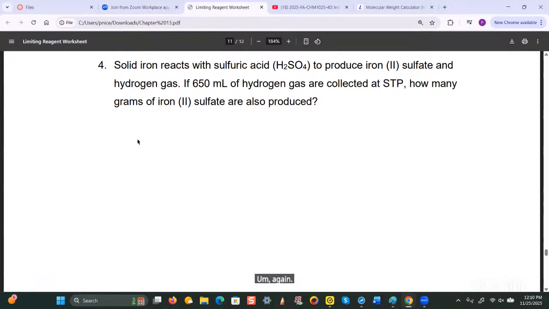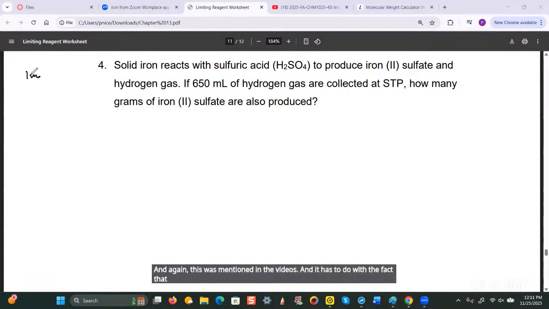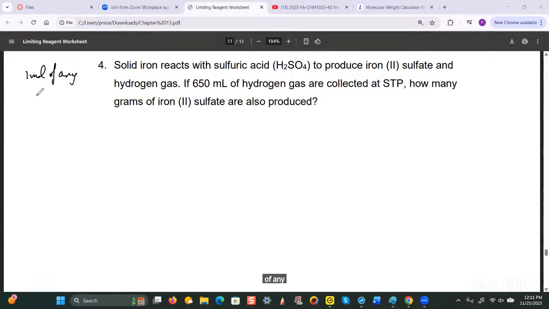Again, this is a gas stoichiometric problem. Before we do this question, there's one thing I should mention concerning STP again, and this was mentioned in the videos. It has to do with the fact that 1 mole of any gas has a volume of 22.4 liters at STP or under STP conditions, right?